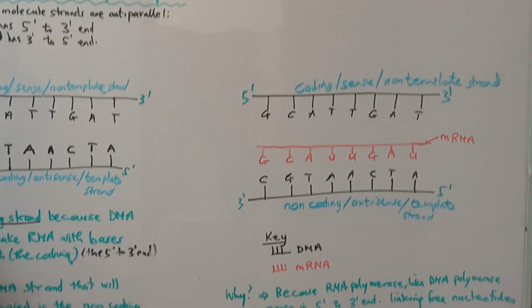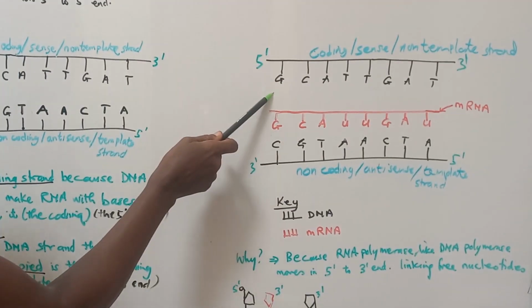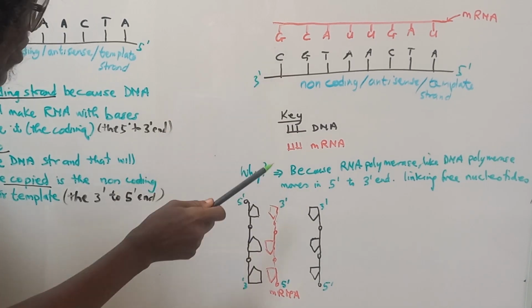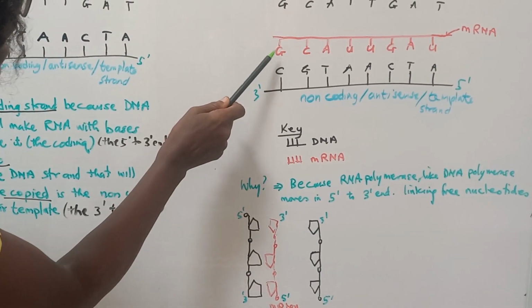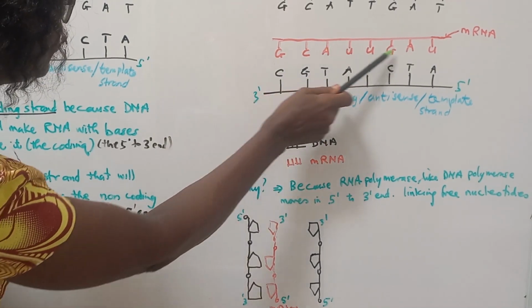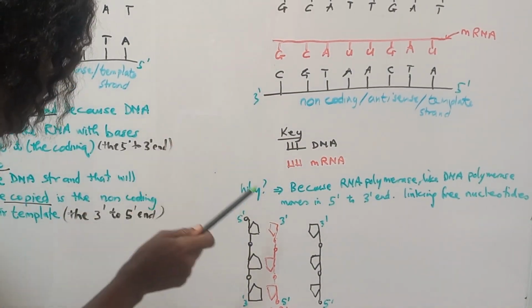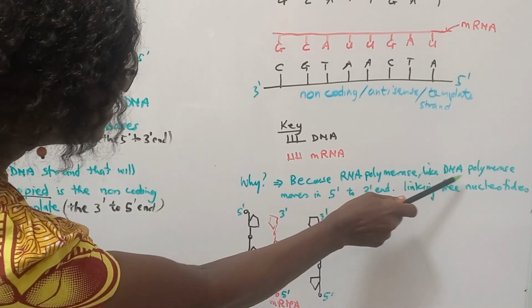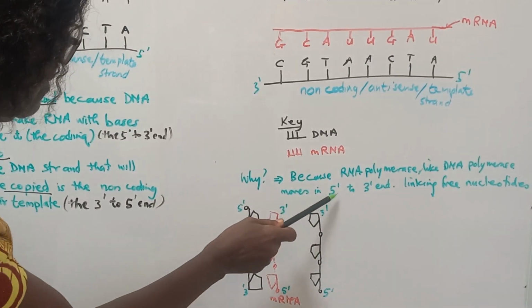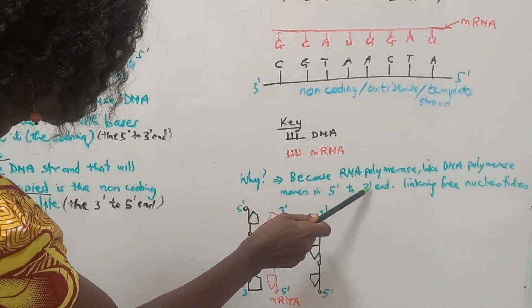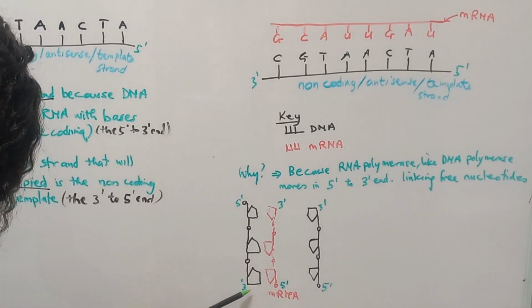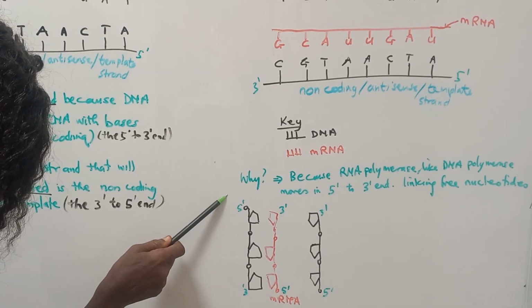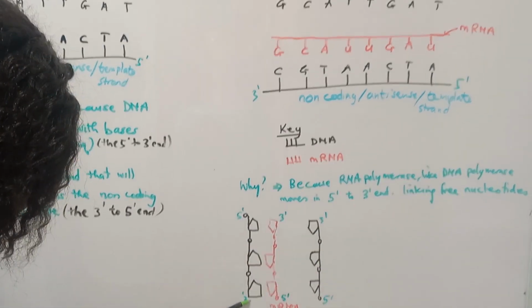That is the meaning. The reason why this happens is that RNA polymerase is an enzyme that moves in the nucleus and links up free nucleotides. And the RNA polymerase, like the DNA polymerase, moves in the 5' to 3' direction, linking the free nucleotides. So we have this DNA here, this is 3' to 5', 5' to 3', that's our DNA.